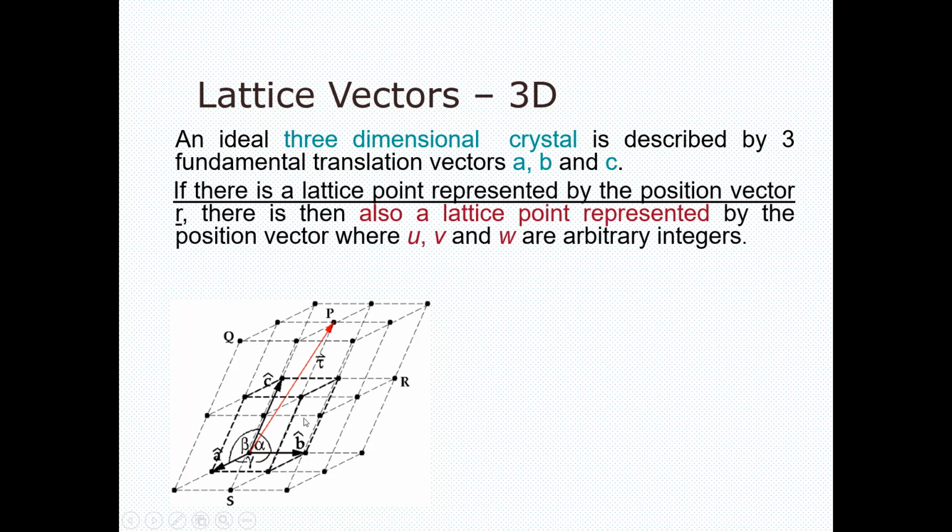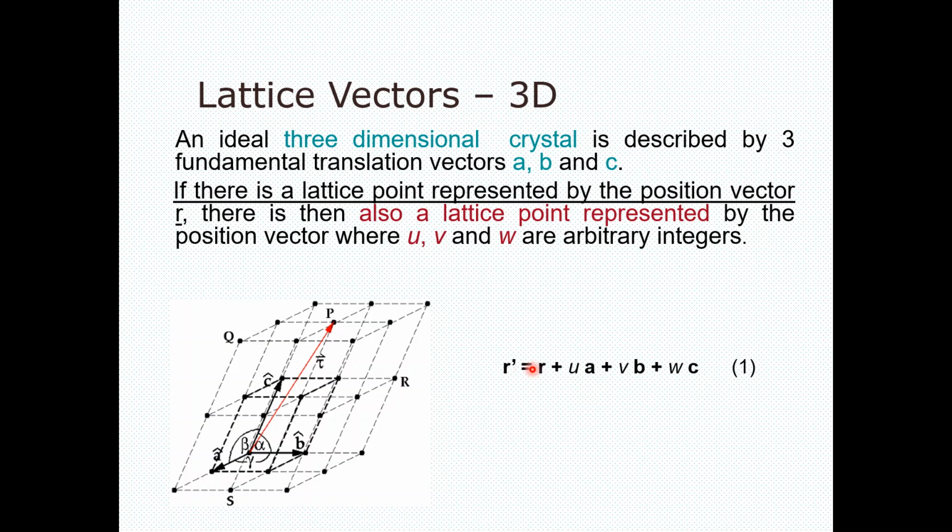If there is a lattice point represented by the position vector R, then there is also a lattice point represented by the position vector R dash, where U, V, and W are arbitrary integers.